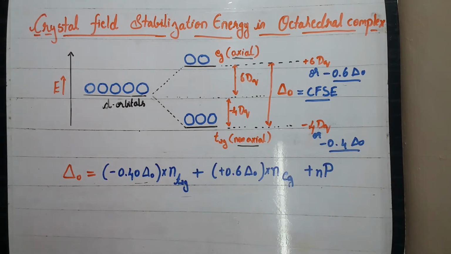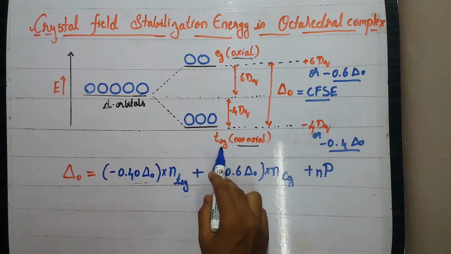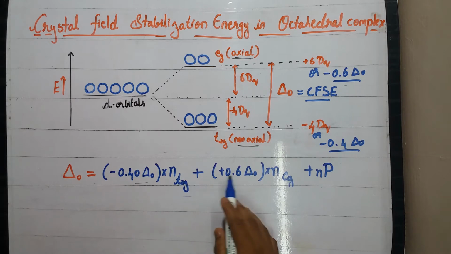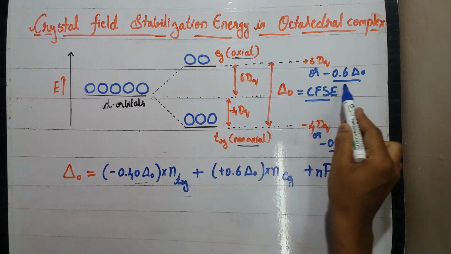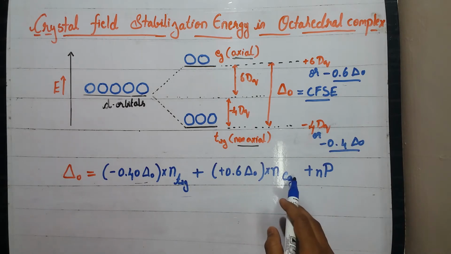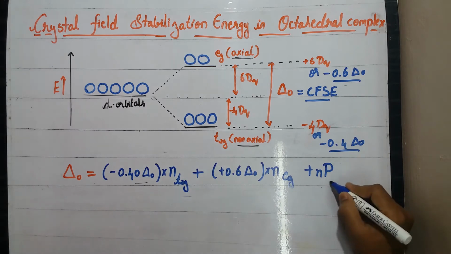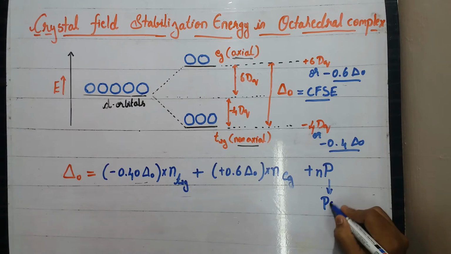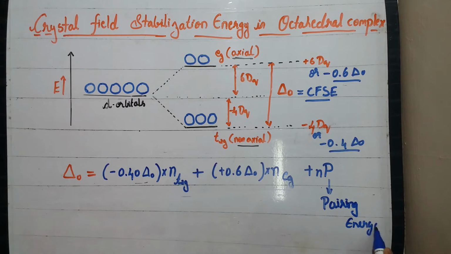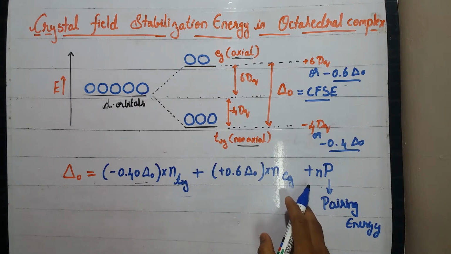To calculate the crystal field stabilization energy, the formula is minus 0.40 delta naught, that is the value of the energy level of T2g, into n into T2g, where n refers to the number of electrons in the T2g orbital, plus 0.6 delta naught, that is the energy level of Eg, into n into Eg, that is the number of electrons in the Eg orbital, plus n into P, where P refers to the pairing energy, where n is the number of electron pairs.